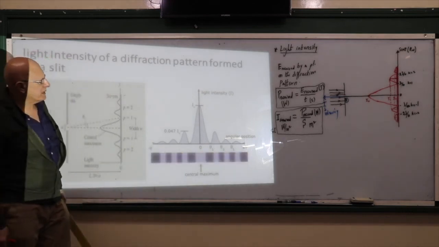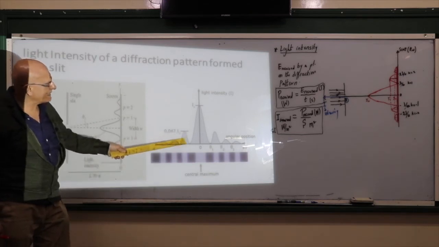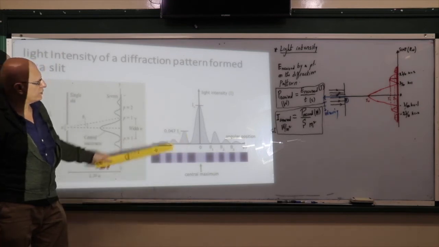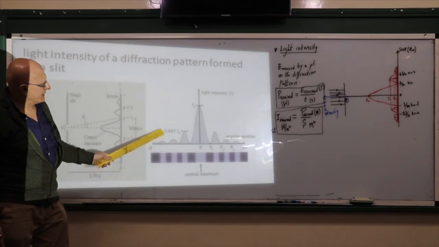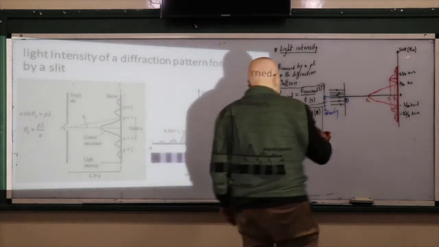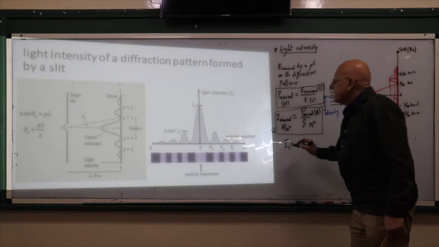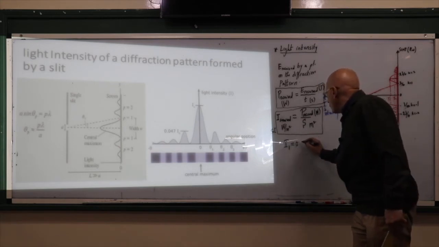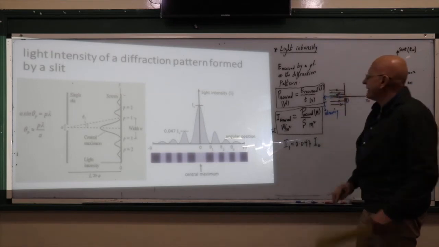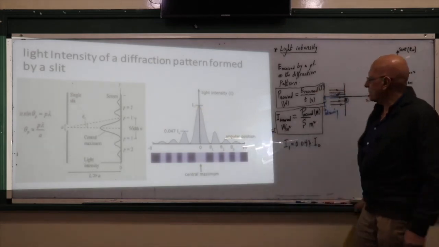What I want to say about the intensity, look here. This is the intensity at the center of the first bright fringe, and it is written here that this intensity, that I call I1, is equal to 0.047 I node, the intensity at the center of the central bright fringe.